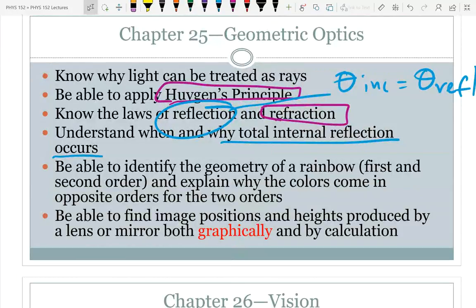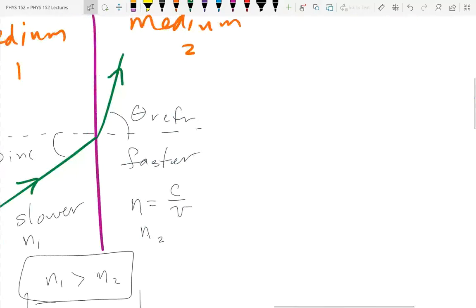So that's Snell's law. It tells us that when you go into a faster medium, the light will refract away from normal. When you go into a slower medium, it's going to refract toward the normal. That leads to the possibility of, if you have a big angle of incidence, so actually, let's go back to my picture here.